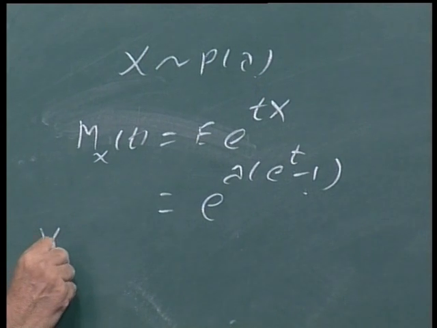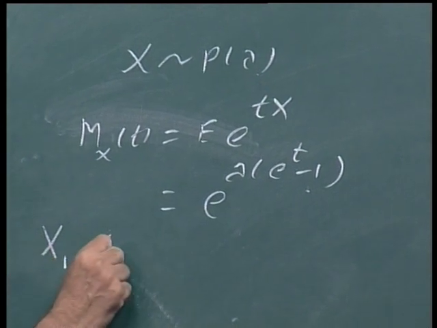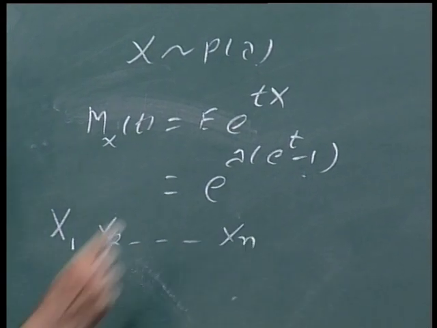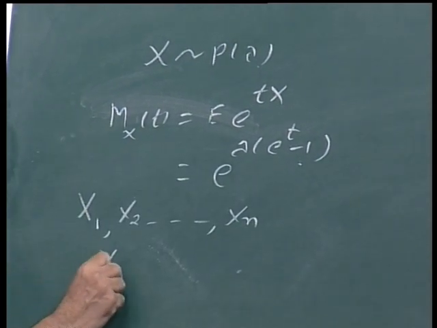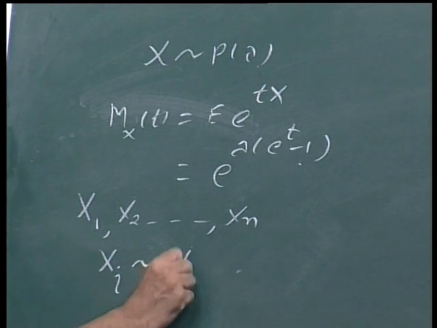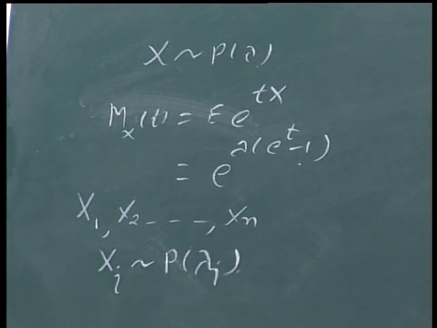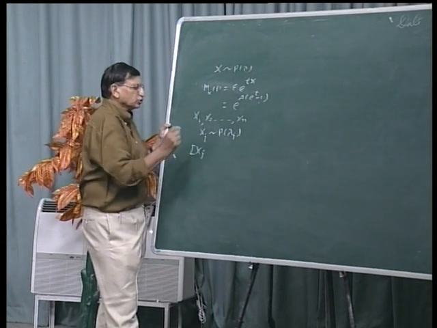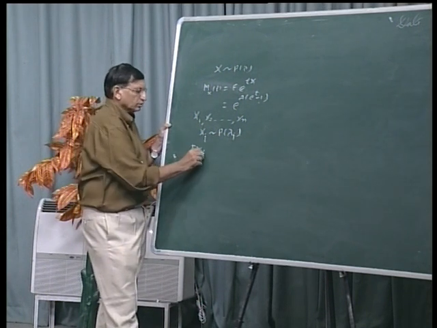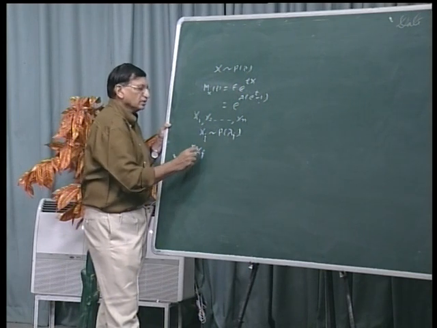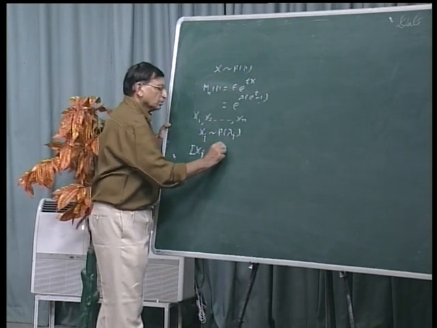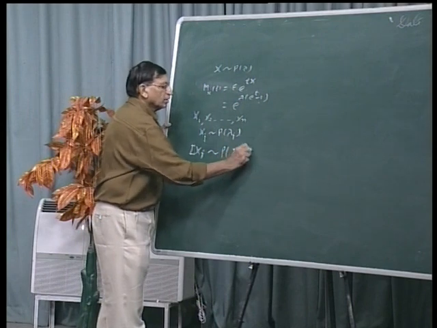If x1, x2, ..., xn are n independent variates such that each xi is Poisson with parameter lambda i, then the sum, sigma xi, is also Poisson with parameter sigma lambda i.